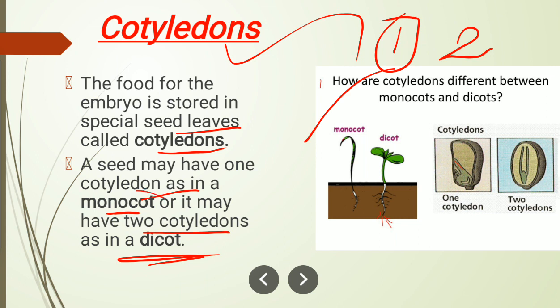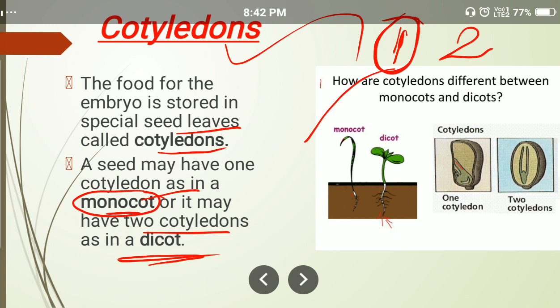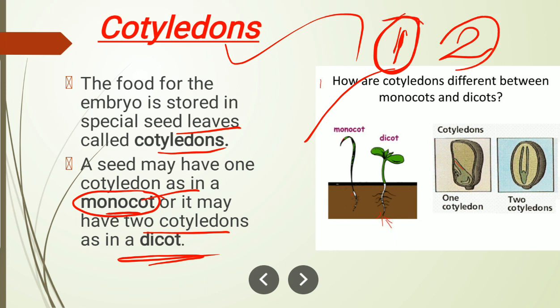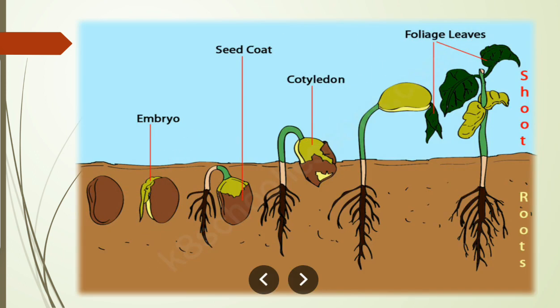Monocot is one cotyledon, so I will not get confused. Mono means one cotyledon, whereas di means two cotyledons. I hope it will help you in your exams and you will not get confused with it.